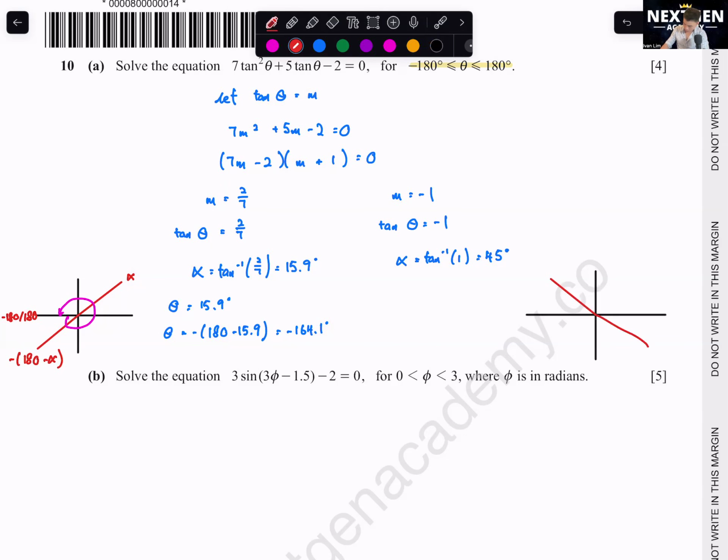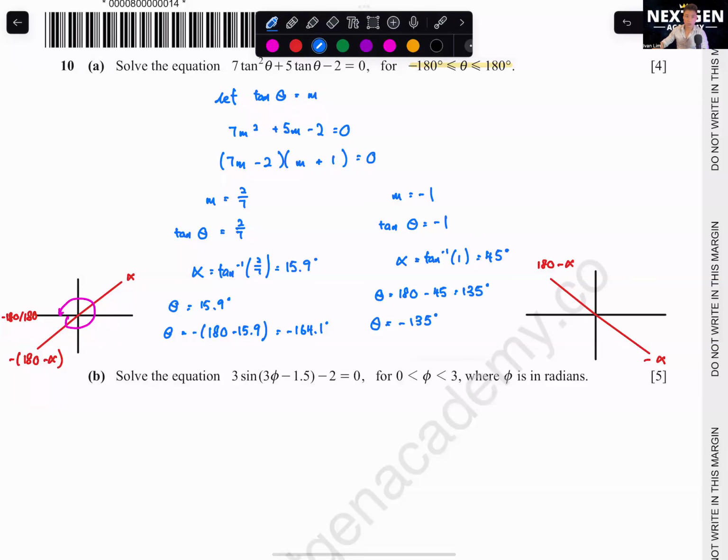So second and fourth quadrant. Okay, this one will be negative alpha. Here will be 180 minus alpha. Okay, so the theta will be, do the positive one, 180 minus 45, which is 135 degrees. Then here, minus 135 degrees.